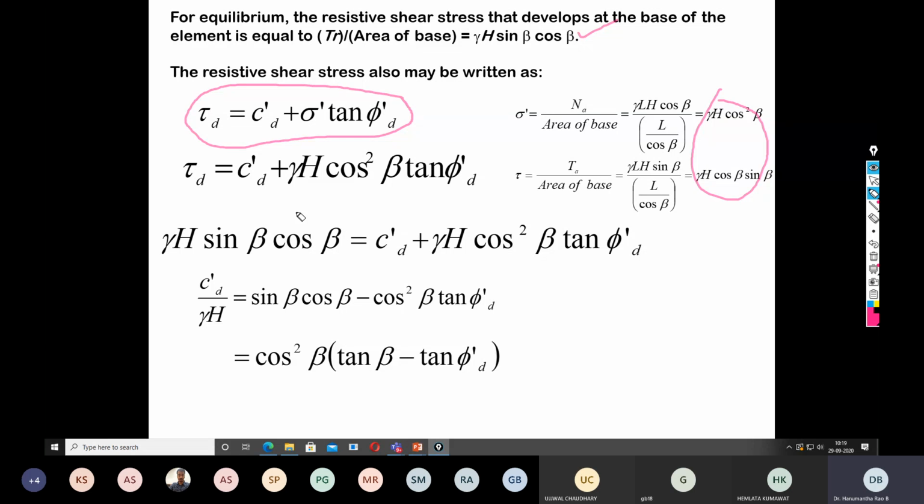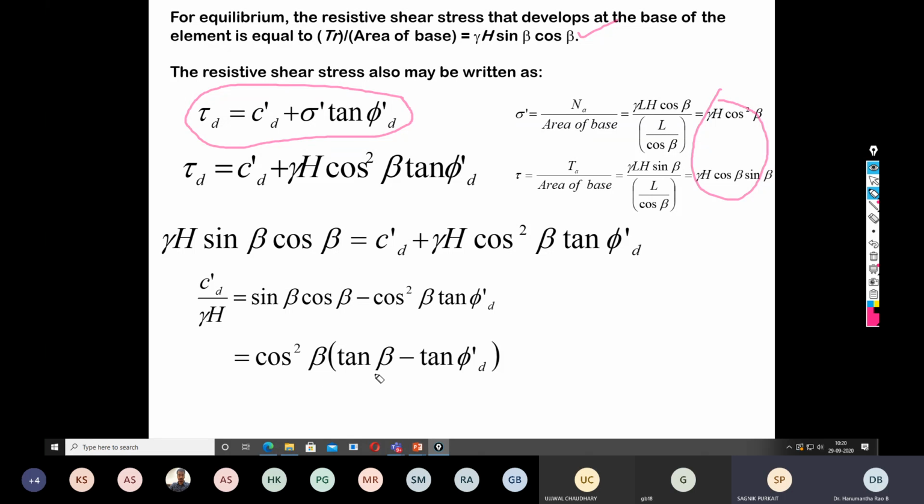Okay, so just try to rearrange the terminology into one particular thing. So that is C dash by gamma h is equal to sin beta cos beta minus cos square beta into tan phi dash d. So this can be written as tan beta minus tan phi dash, tan beta into tan phi dash.